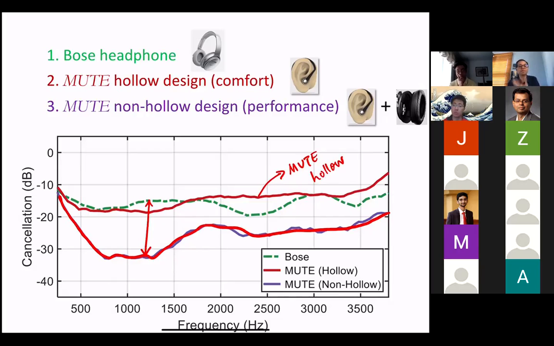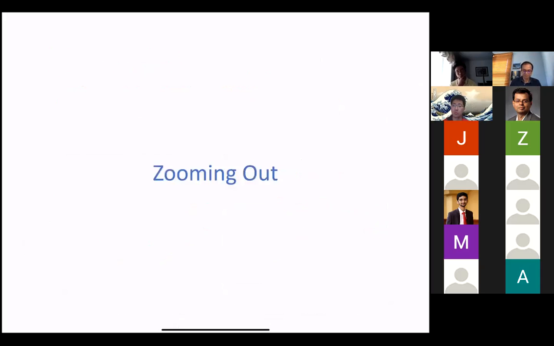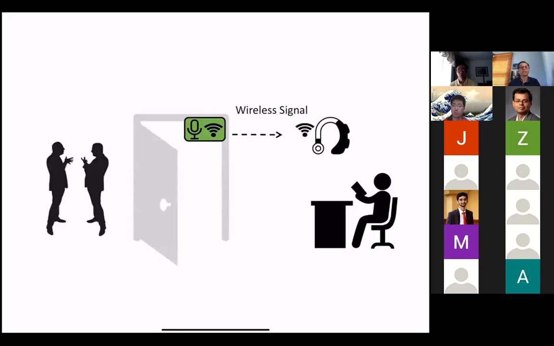And it turns out that mute hollow is reasonable. It's a little bit worse than Bose with the sponge, and mute with sponge is much better than Bose with sponge. Okay. So that's basically the high level idea.